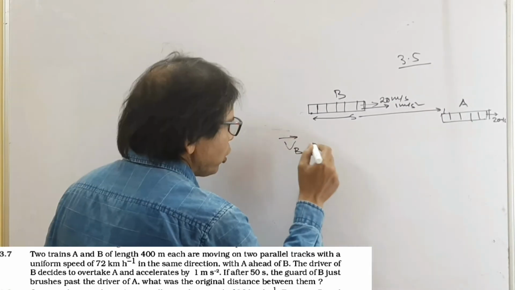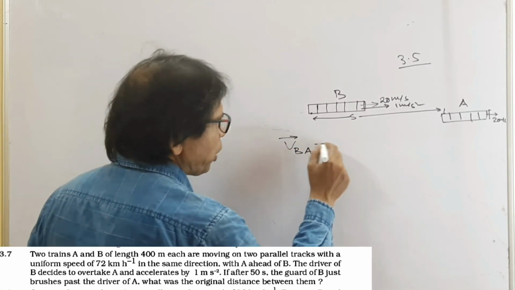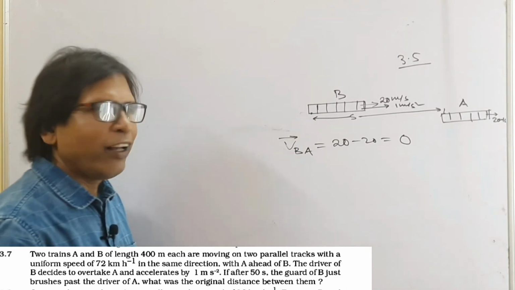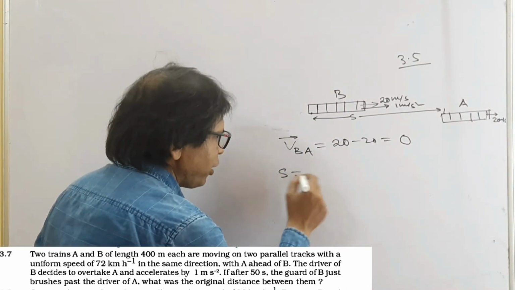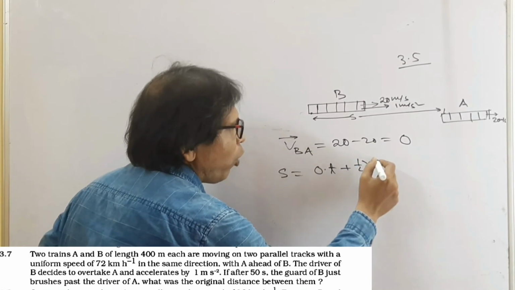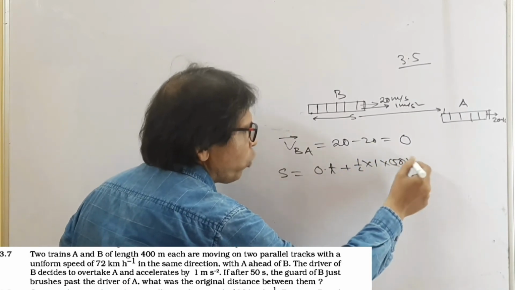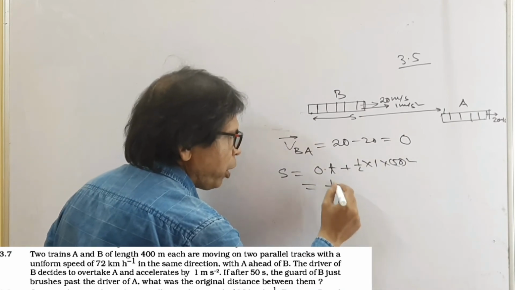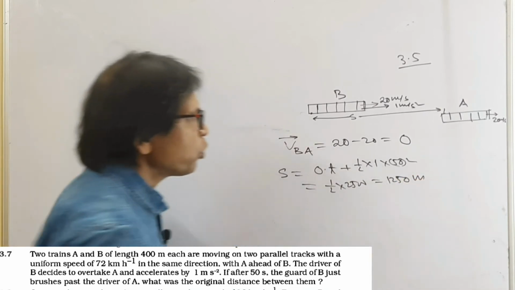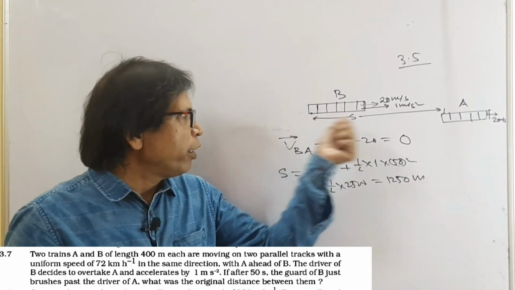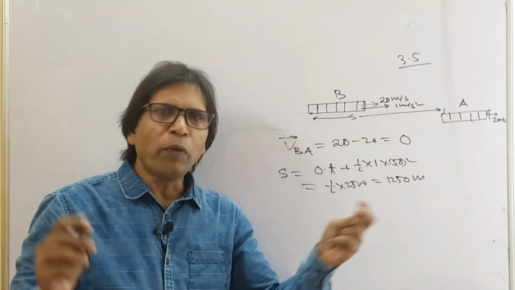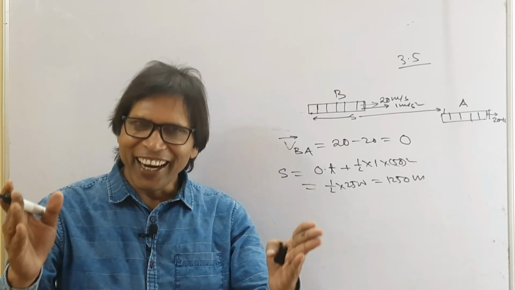The relative velocity of B with respect to A is 20 minus 20, so this is 0. Therefore, initial distance is 0 into t plus half into 1 into 50 square. This is half into 2500, so this is 1250 meter. So the distance between the guard of A and the guard of B is 1250 meter, okay, understood?